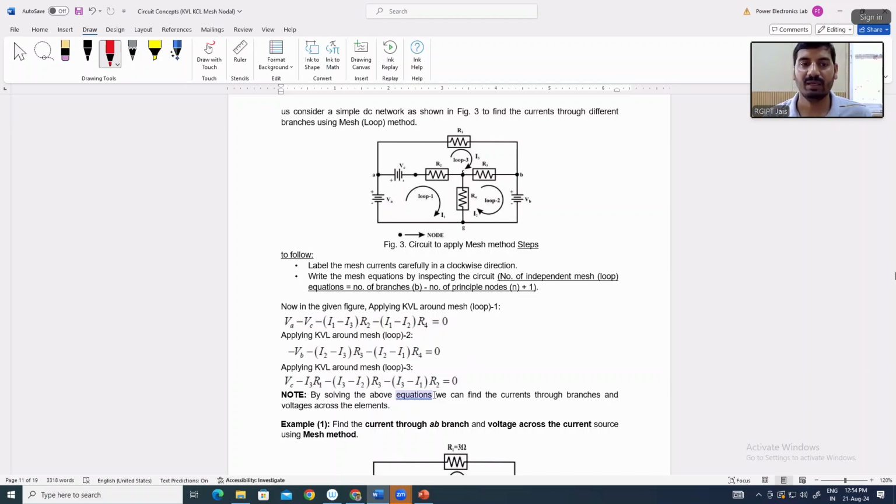It will make your answer wrong for whole currents, whether it is I1, I2, I3, all will be wrong. So we must not make any mistake while writing KVL equations.